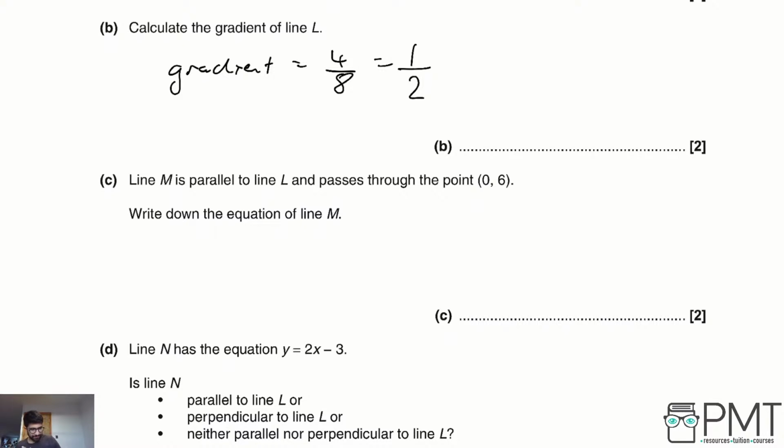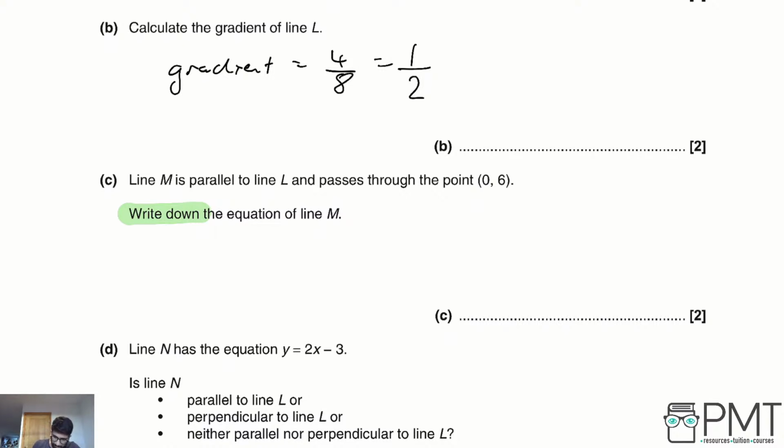Line M is parallel to L, but it passes through a different point, 0, 6. You want to write down the equation of line M. If it says write down, it means you don't really need too many calculations. It shouldn't take too long when it says write down. But let's think about what we need.